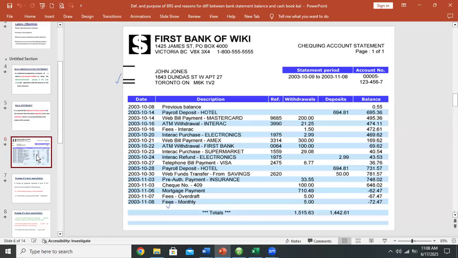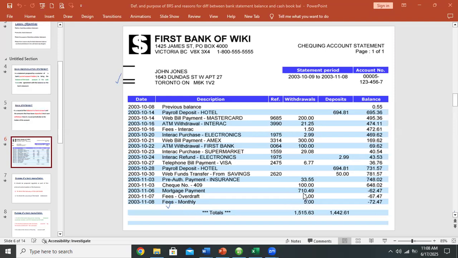Good. So you see, some banks refer to it as commission or cost of transaction, COT, or sometimes you see fees. So if you look at this bank statement, you see fees. Overdraft, 5 cedis, and then another fees monthly. So there's a monthly fee they charge on the account, 5 cedis.